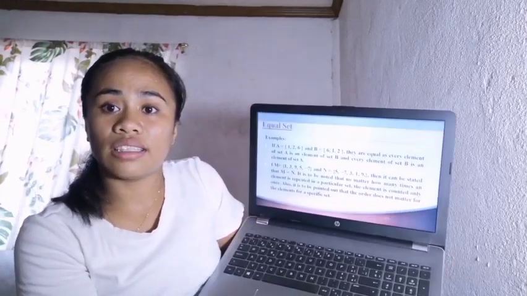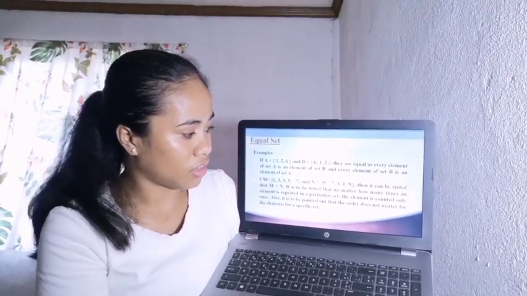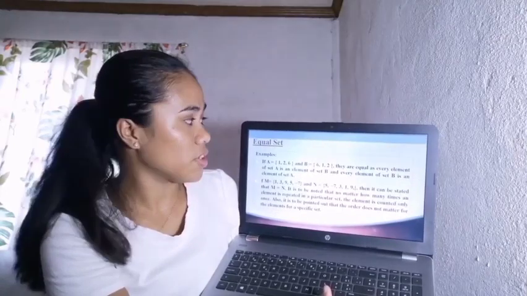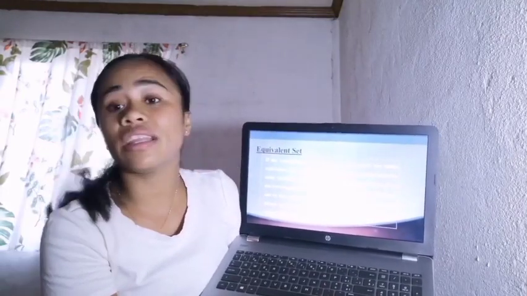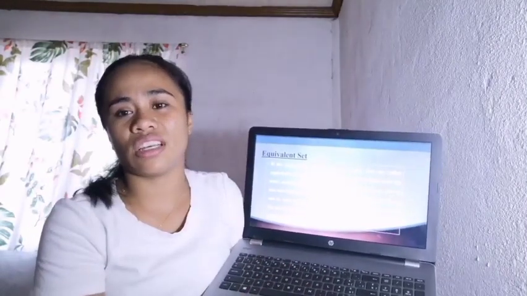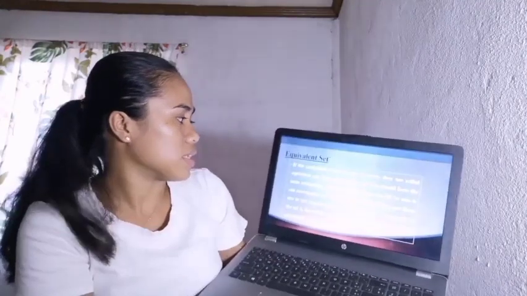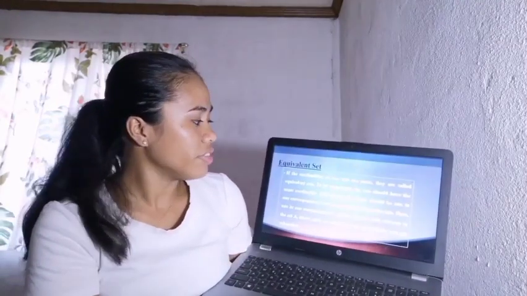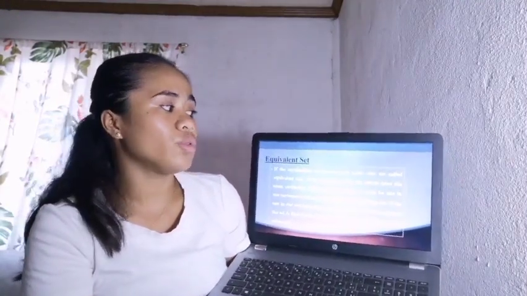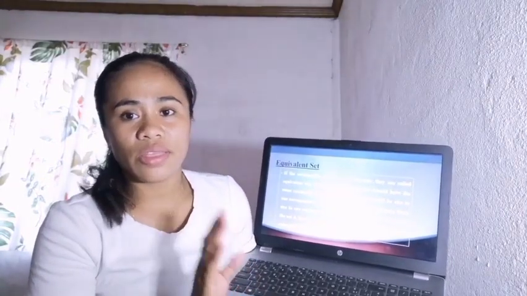Did you get it? Alright, so now let's proceed to equivalent set. Here, you might get confused about what is an equal set and what is an equivalent set. So here, we will discuss what an equivalent set is. If the cardinalities of two sets are the same, they are called equivalent sets.